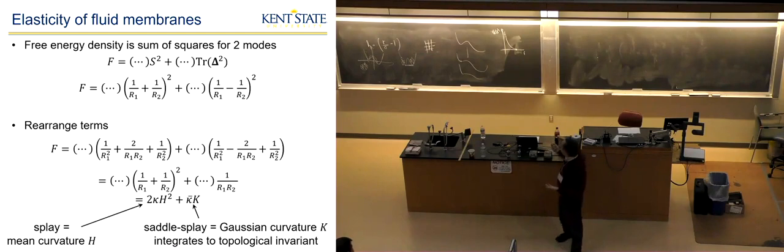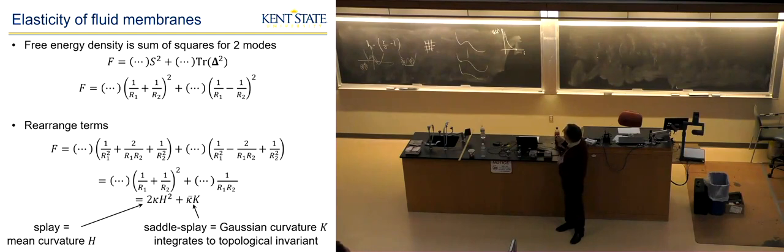Sure. These things are all mathematically equivalent to each other. They're different ways of thinking about the same thing. And so you could say that the things you care about are the mean curvature and the Gaussian curvature, and that's what Helfrich did all these years ago.